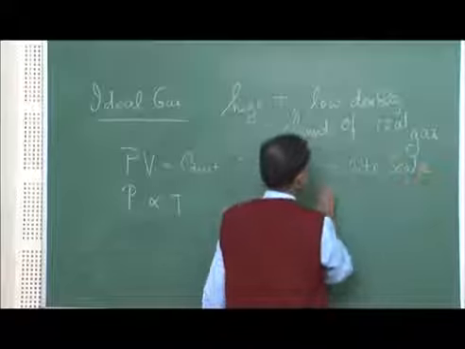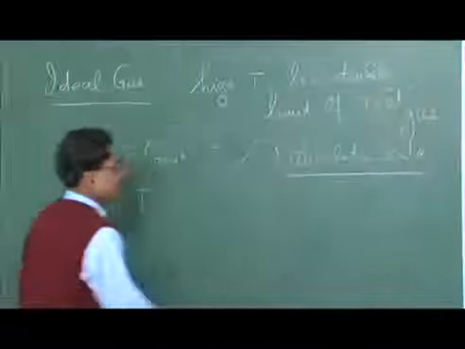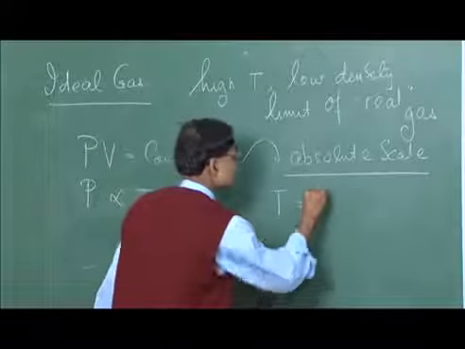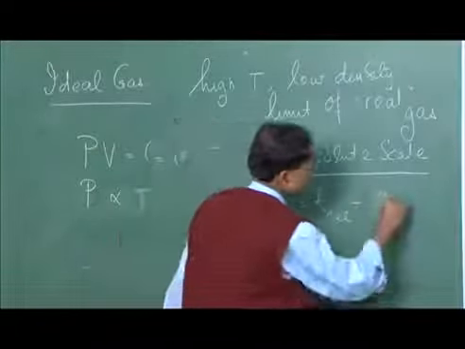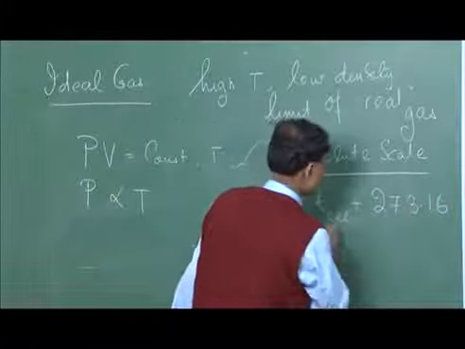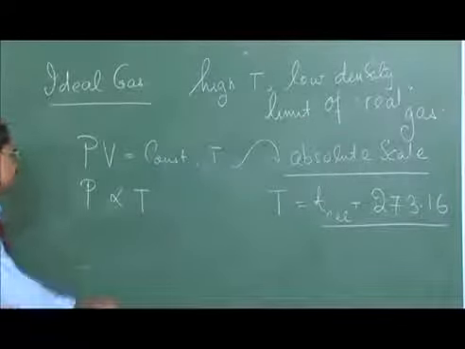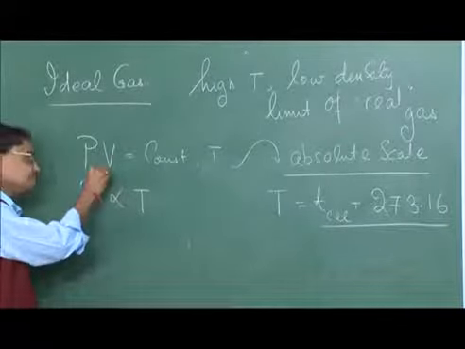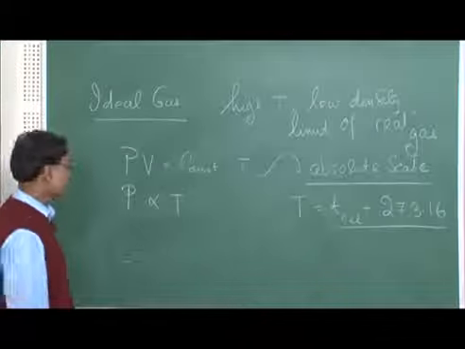Soon the physical implication of this absolute scale will be clear. I said the absolute scale is T Celsius plus 273.16, let us say roughly 270 degree Celsius. This is your absolute scale. Now, these are the equations. This is Boyle's law, this is Charles's law, proportional to T.